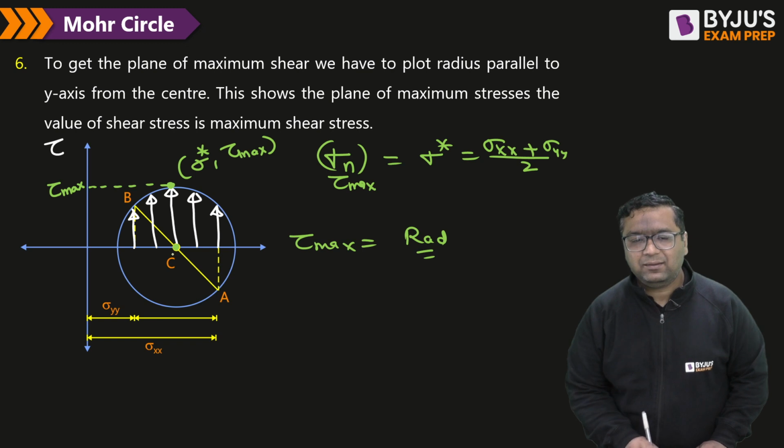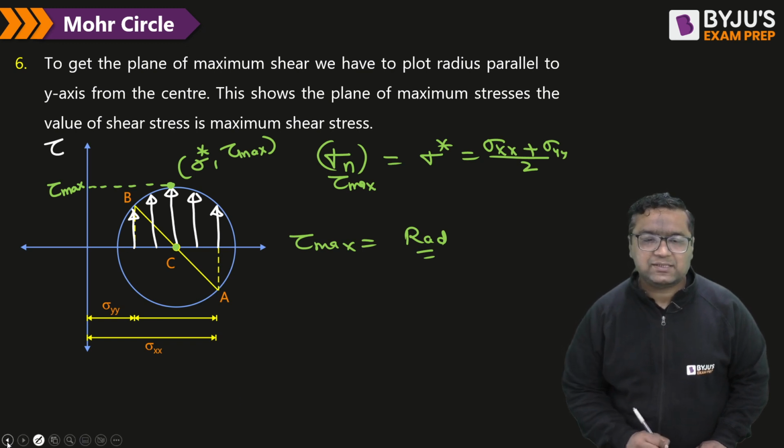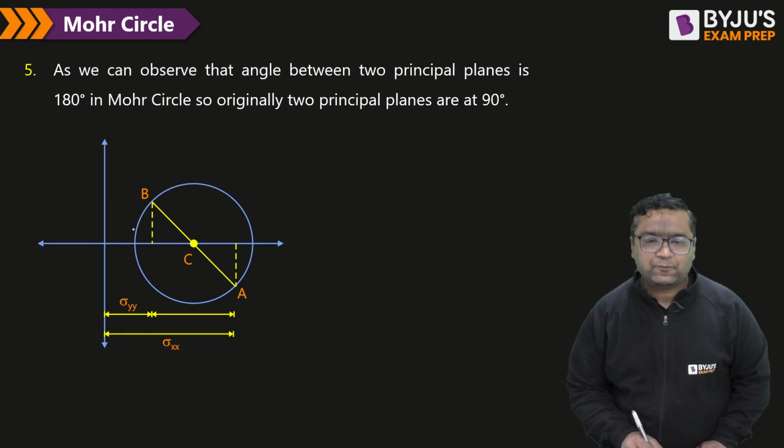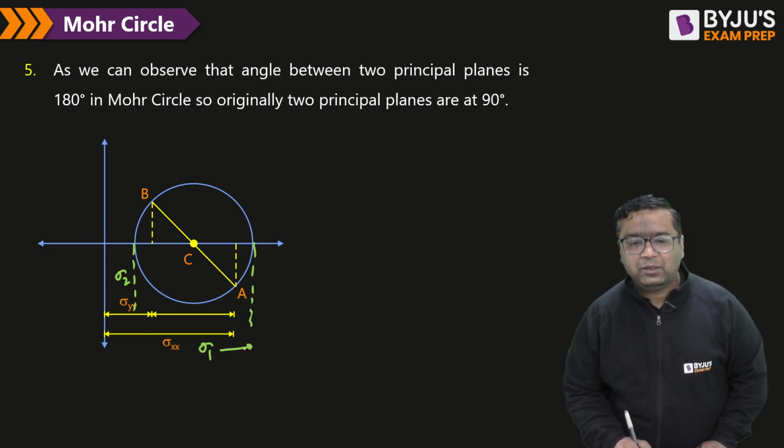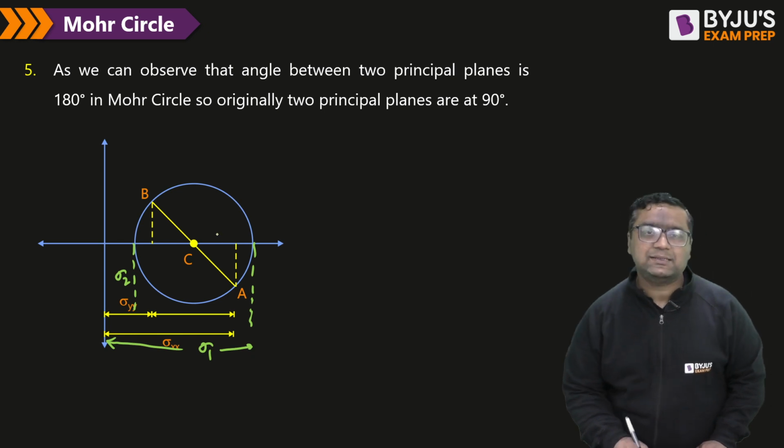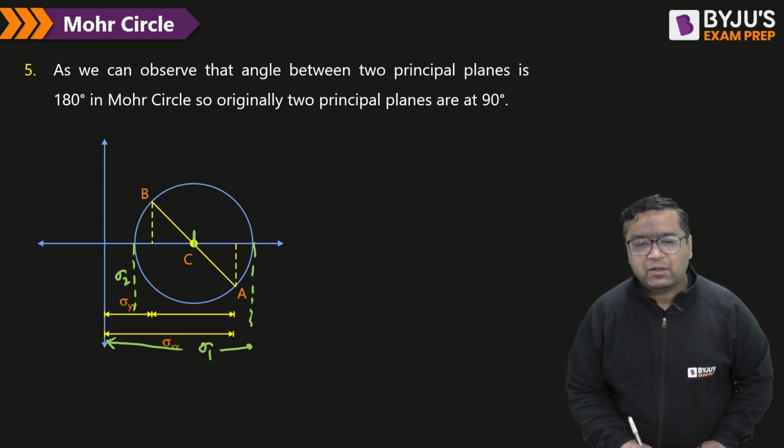So my dear, like in the last point also we have discussed, if this point gives you sigma 2 and this point gives you sigma 1, then you already know that the diameter is nothing but sigma 1 minus sigma 2. So if you want to write down the coordinate of the center, you know that this distance is the radius.